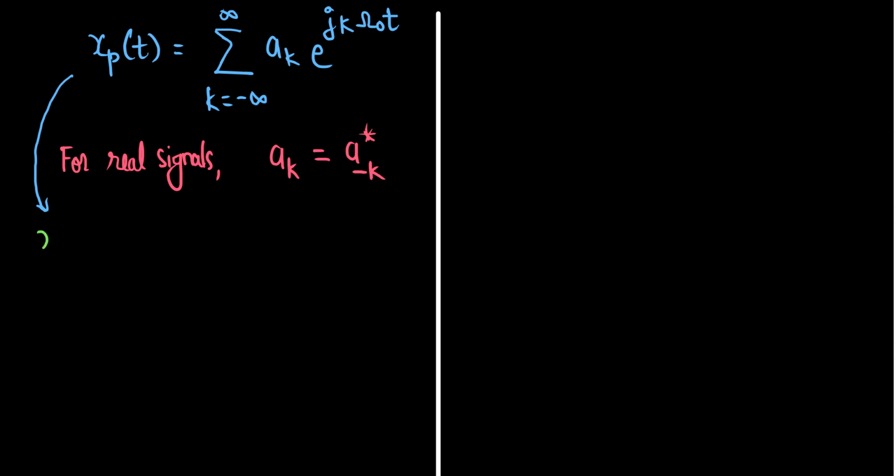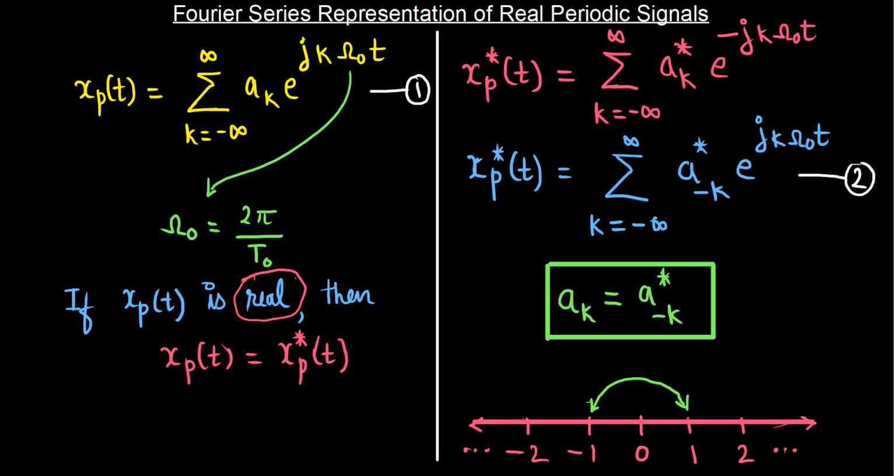Say xp of t is going to be equal to, first I will write the term at k equals 0, the middle term, as we have seen in the previous slide. I'm first indicating the 0 term here, just because it is a lonely term.